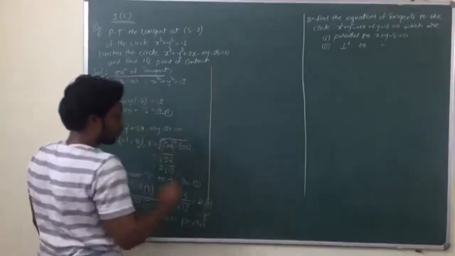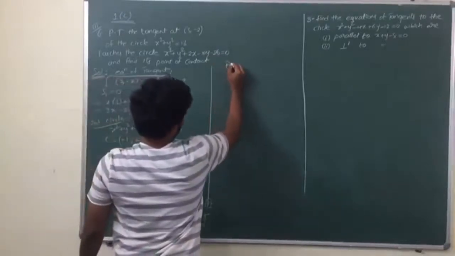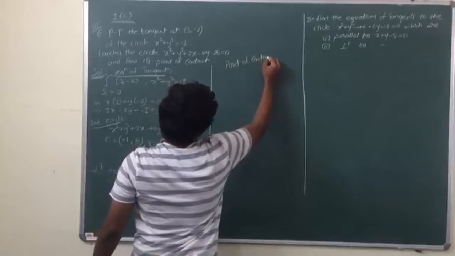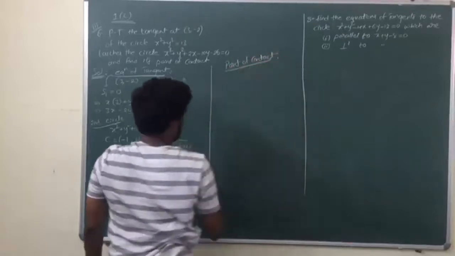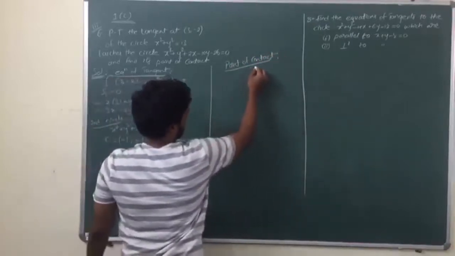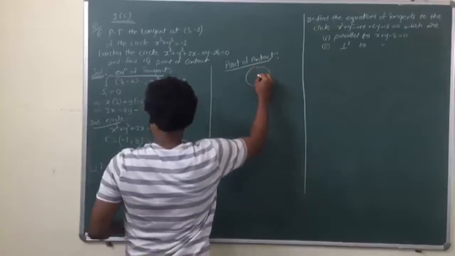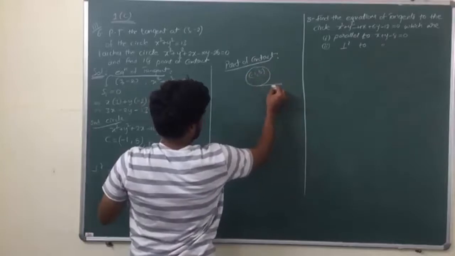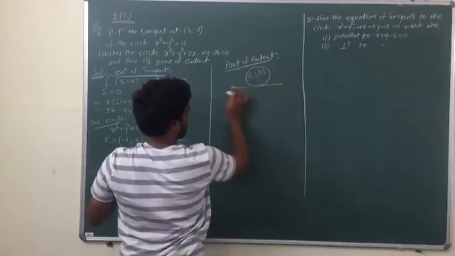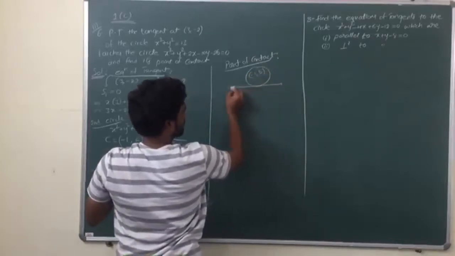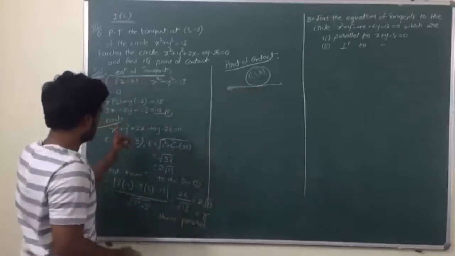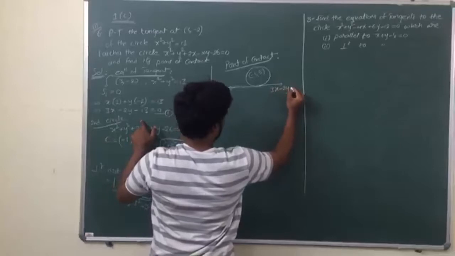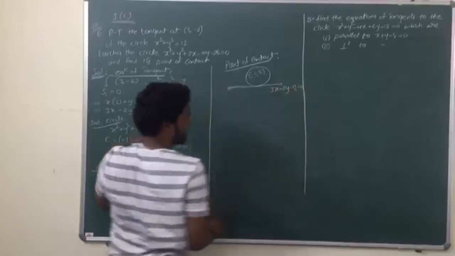Next, point of contact. Center is minus 1 comma 5. Now that we have proved that this line is the tangent, which is 3x minus 2y minus 13 is equal to 0, that is the line.